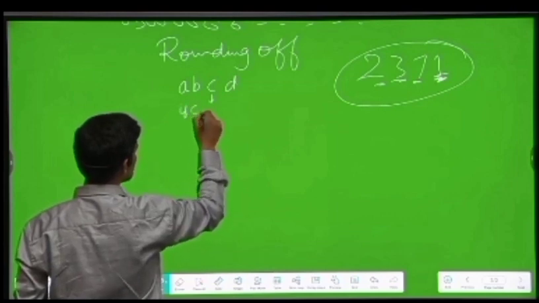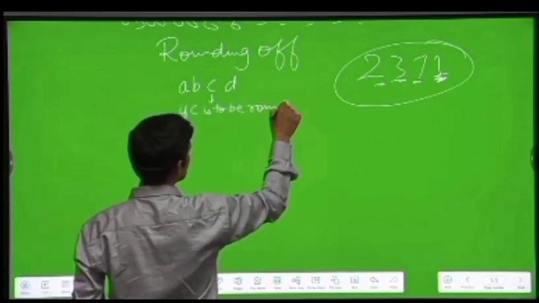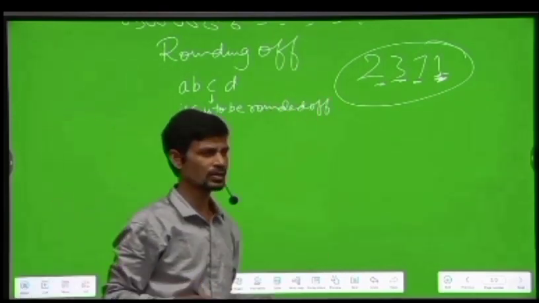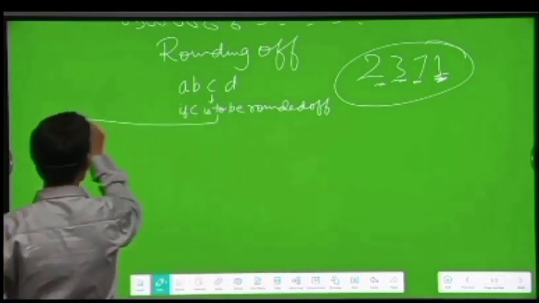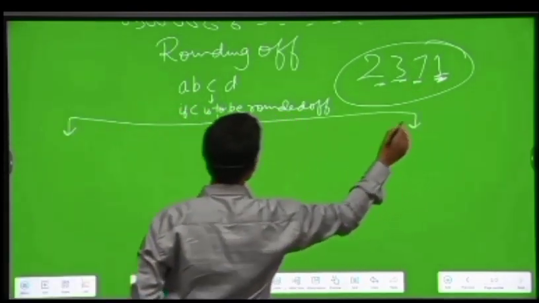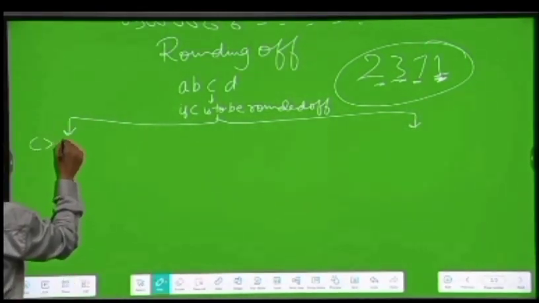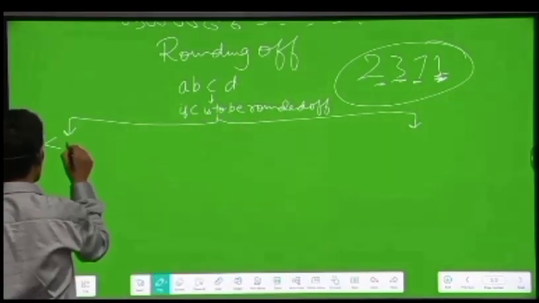if c is to be rounded off, then after rounding off it should be replaced by 0. In fact, this d will also be replaced by 0. Now there are two cases. Let me start with less than 5.